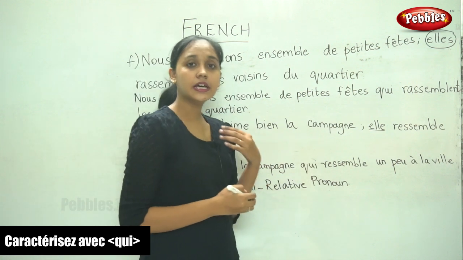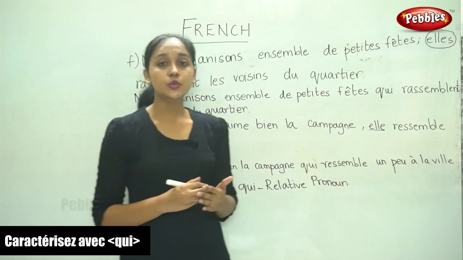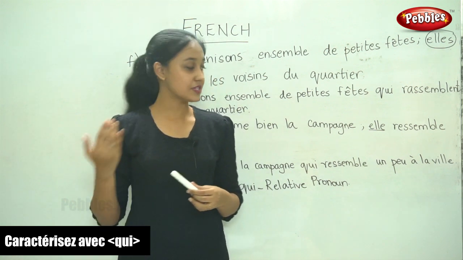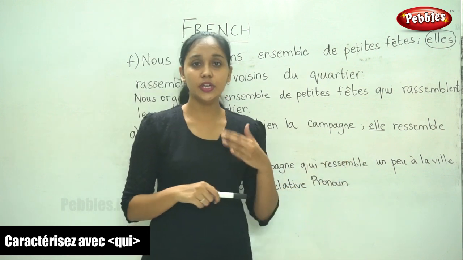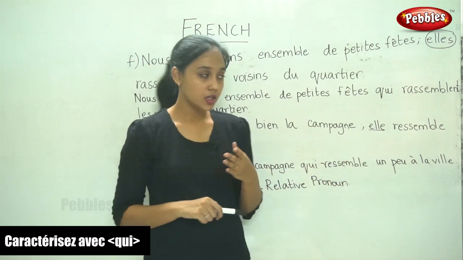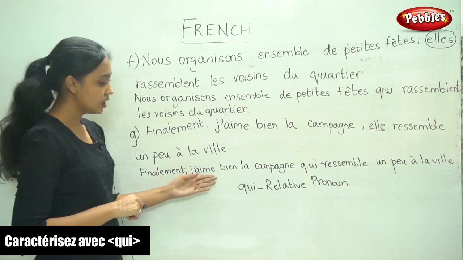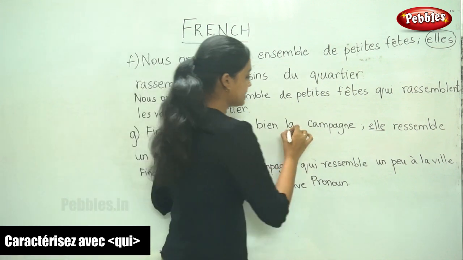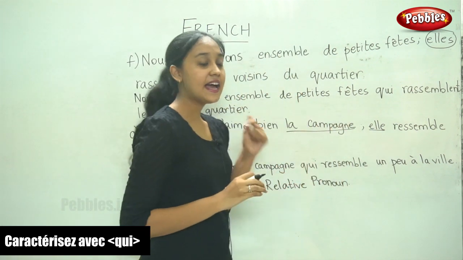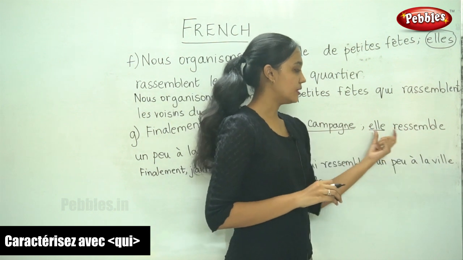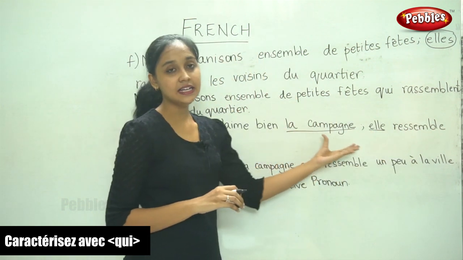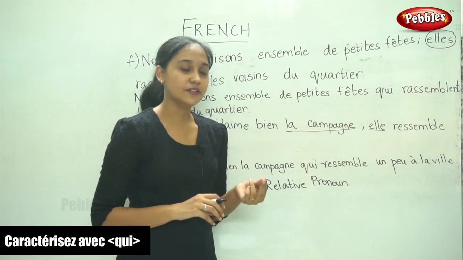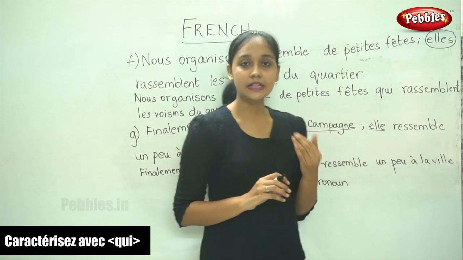A pronoun is a word used to replace a noun. So, if a noun keeps repeating, if a subject keeps repeating, we use a pronoun. So, in this case, finalement, j'aime bien la campagne. So, the noun here is la campagne. And again, elle ressemble. Elle again refers to la campagne. So there is a repetition. Though the words used are different, they both represent the same thing.